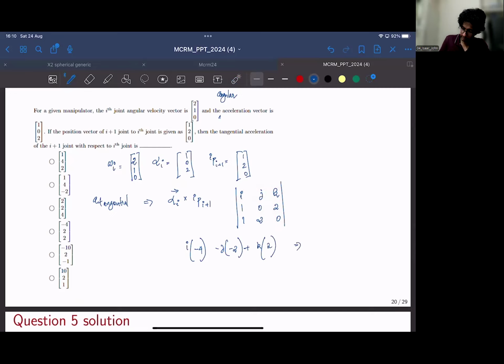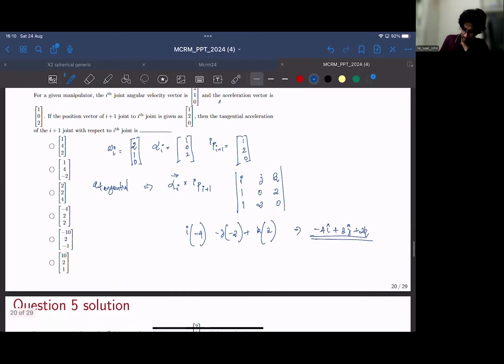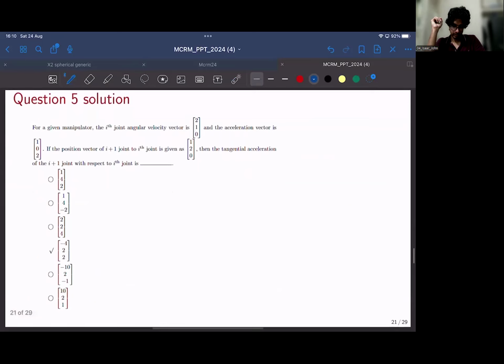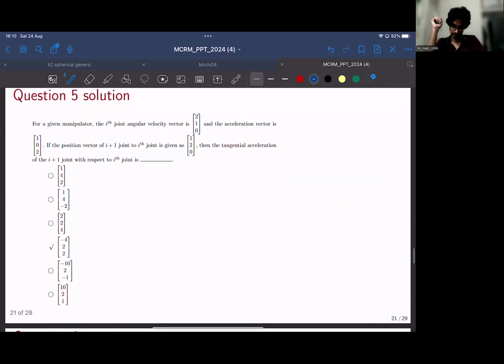So this is nothing but minus 4i plus 2j plus 2k. So the correct answer, written in vector form, is minus 4, 2, 2, and option D is the correct answer. Yeah, that is fine.